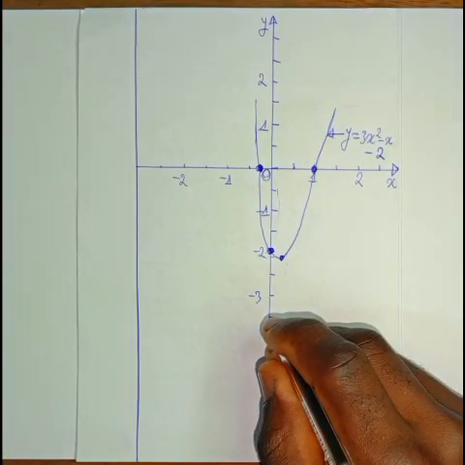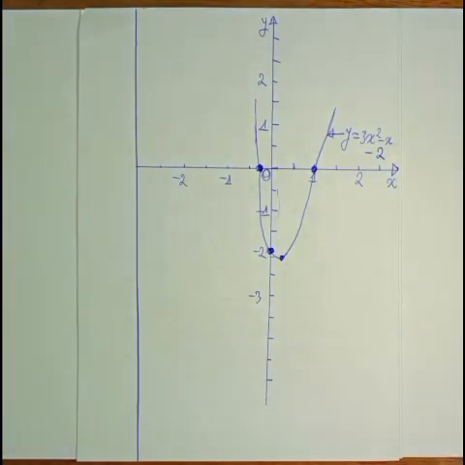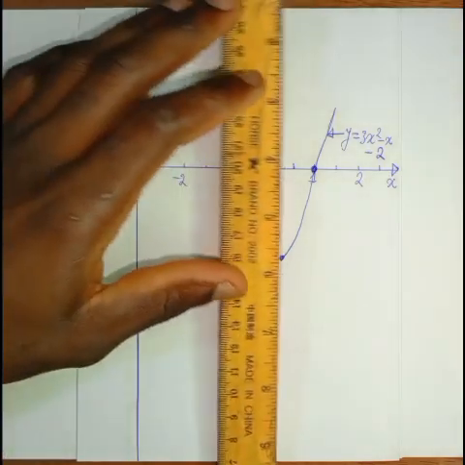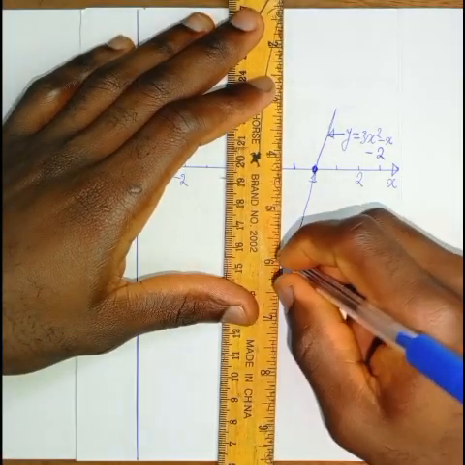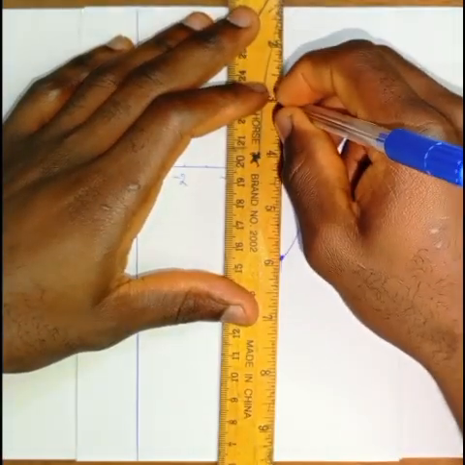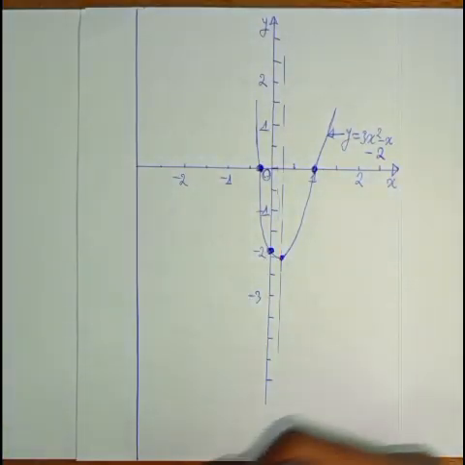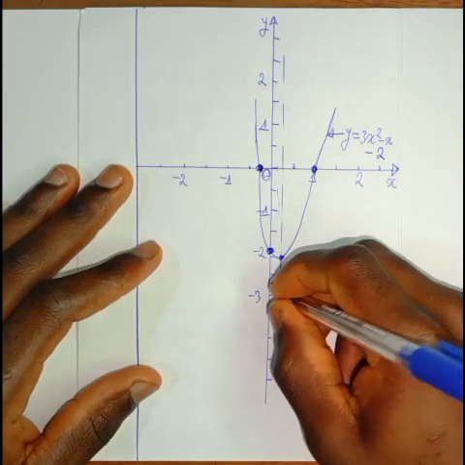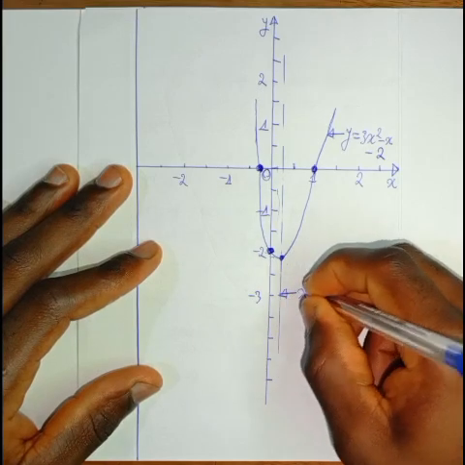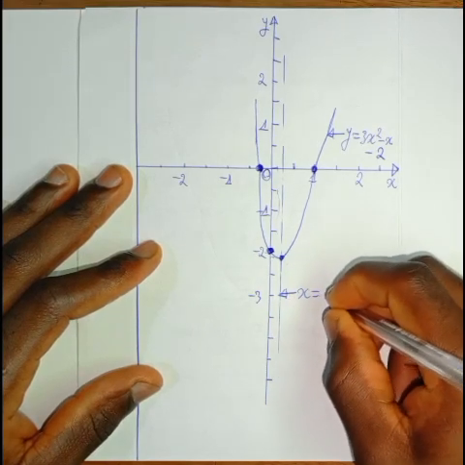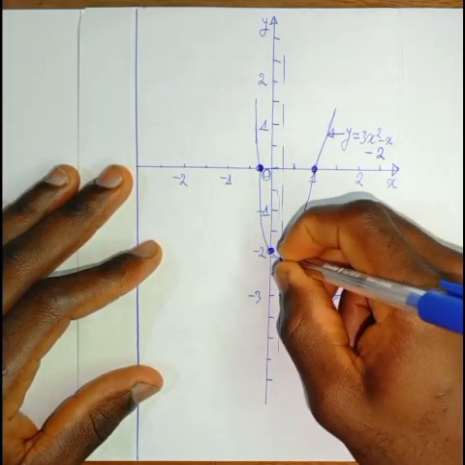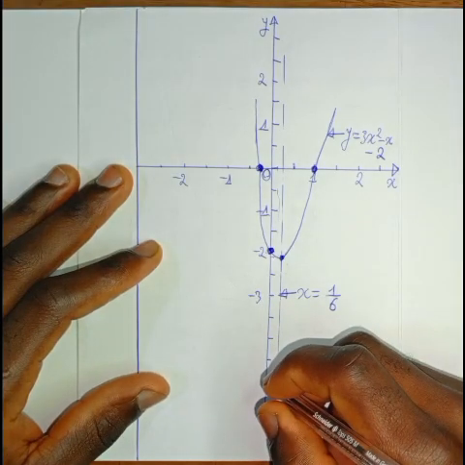And our line of symmetry will simply be x equal to 1/6. This is the line of symmetry, x equal to 1/6. And this is our minimum point.